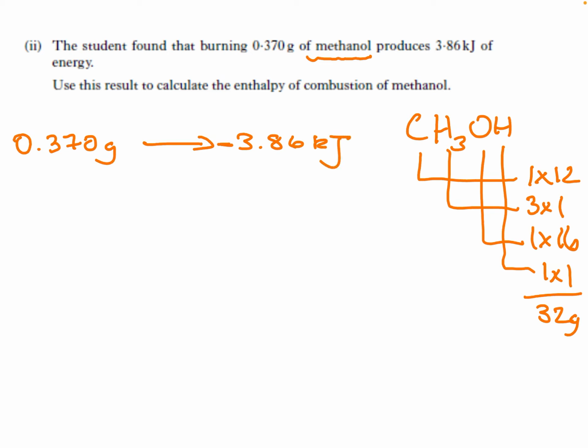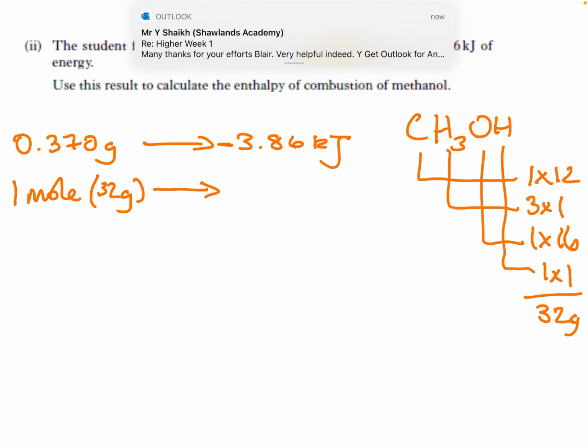And that's obviously going to be negative as well because it is exothermic. What we need to do now is work out the mass of 1 mole, which we've just done. So 1 mole is 32 grams. With that in mind, let's use the proportion to work out the amount of energy that would be produced with 1 mole, and that is also the enthalpy of combustion for this methanol.